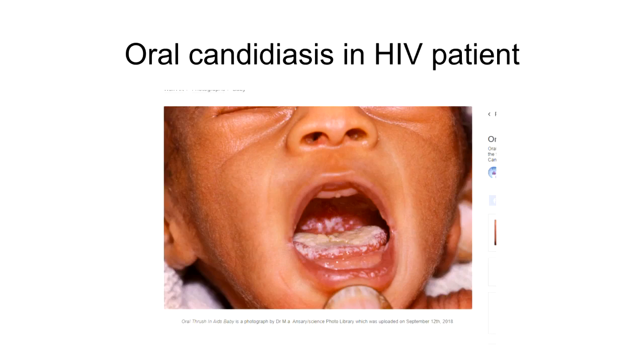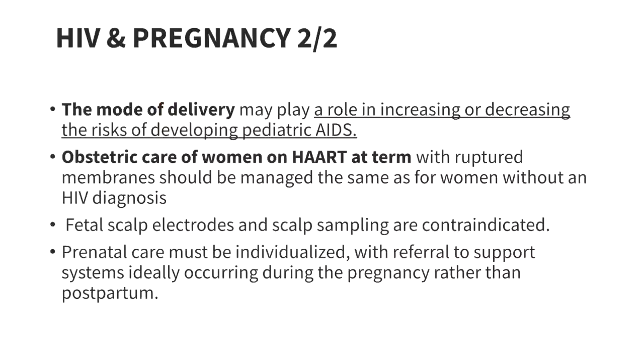This is an oral candidiasis in a newborn patient with HIV, in whom vertical transmission was not prevented. The mode of delivery of the baby can also play a role in increasing the risk for developing pediatric AIDS.